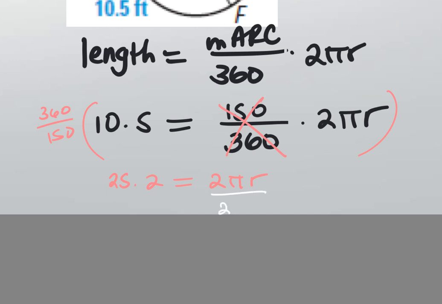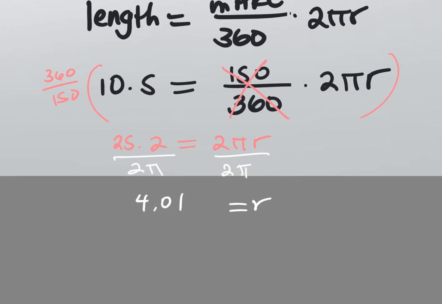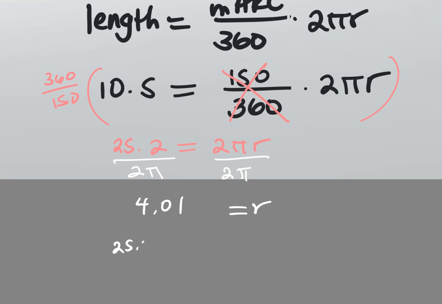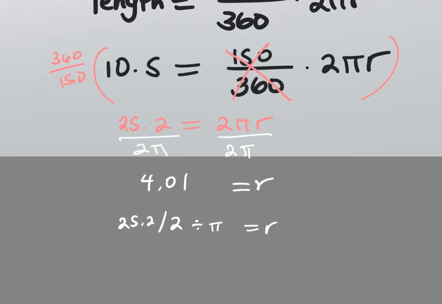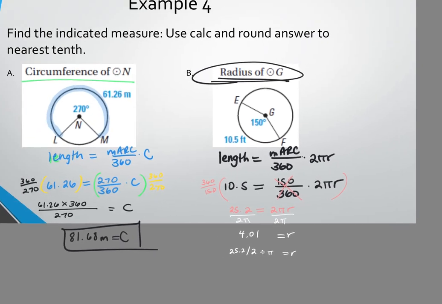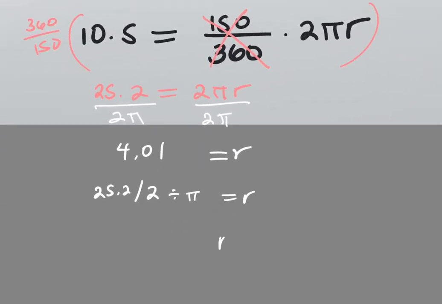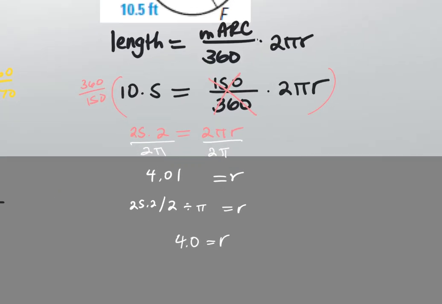And good. So if I do that in one step, I have to group them in the parentheses. 2 pi has to go in parentheses. This is 4.01. If you do it separately, you could do 25.2 divided by 2, and then take that answer and divide it by pi. You should eventually get that. It is 4.01 and it says round to nearest tenth. So it's 4.0 feet.